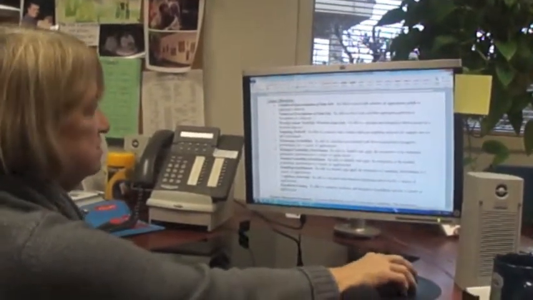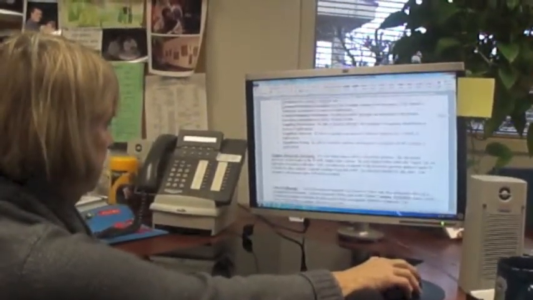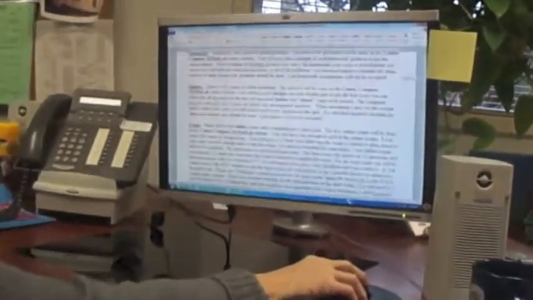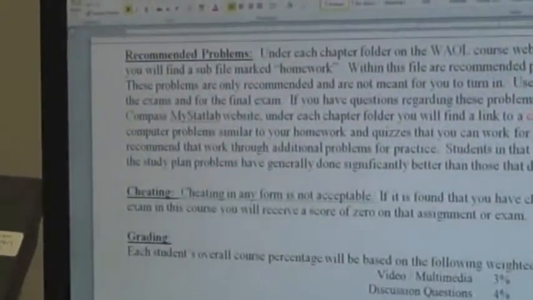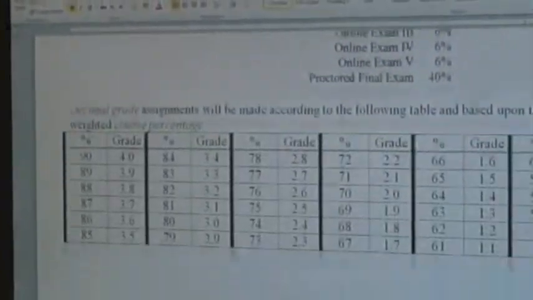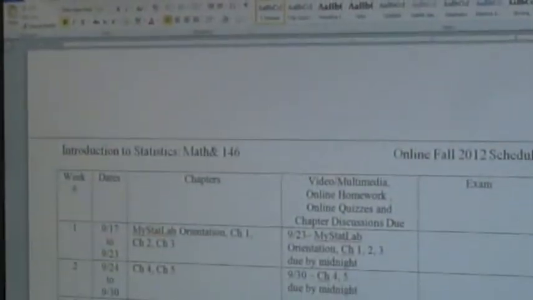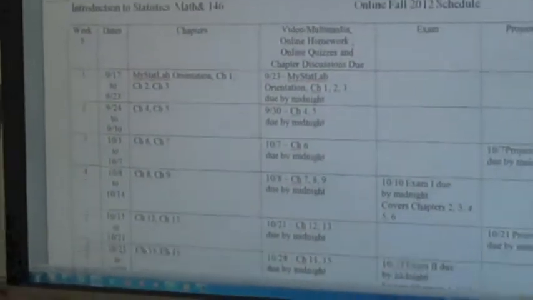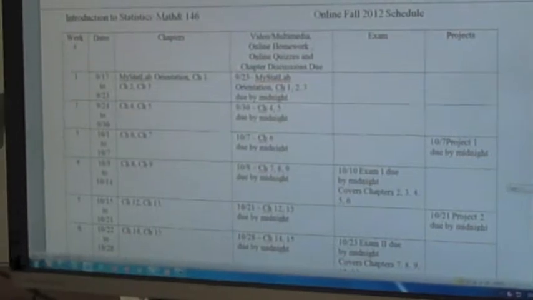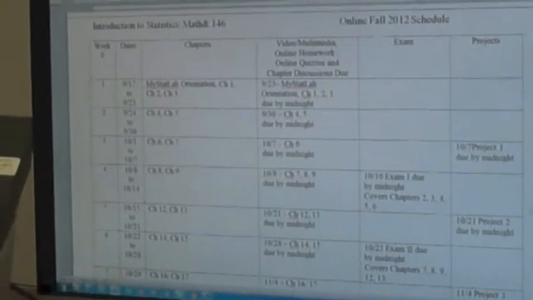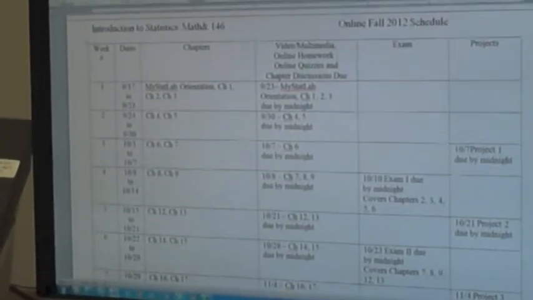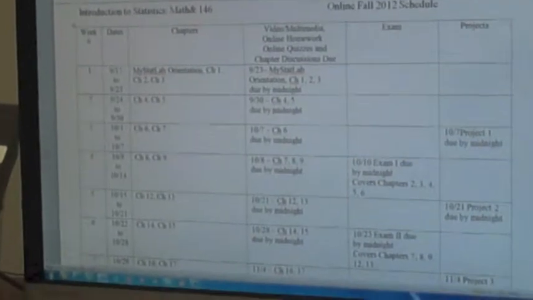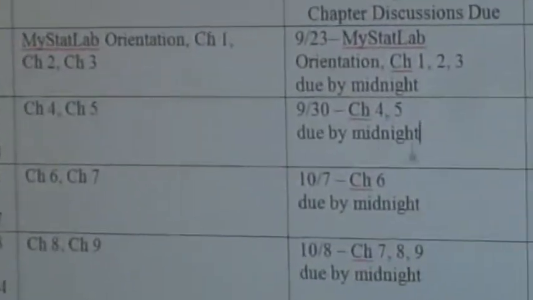Course objectives and so on are good. Quizzes, exams, group projects. And here we have a calendar with the dates on it, assignments, and so on. As a student, I would find that very convenient. And it says exactly when it's due and when it's due by. It's due by midnight.